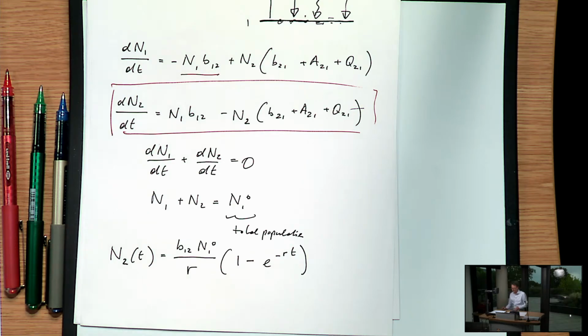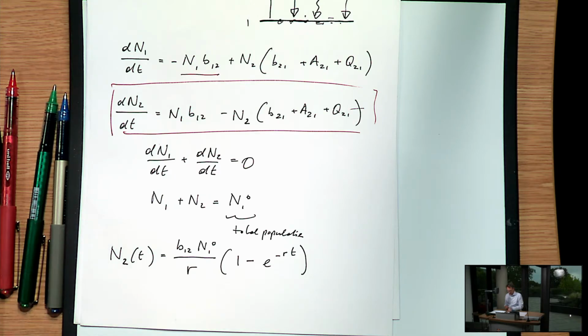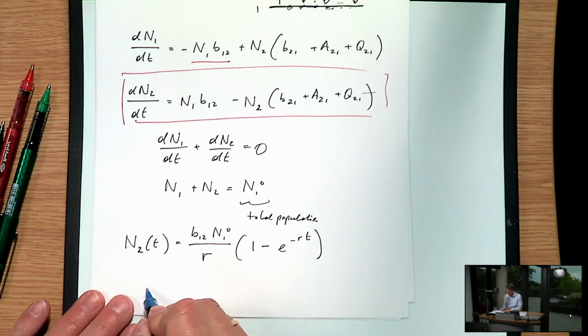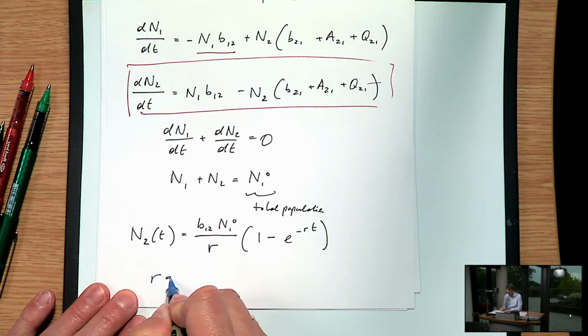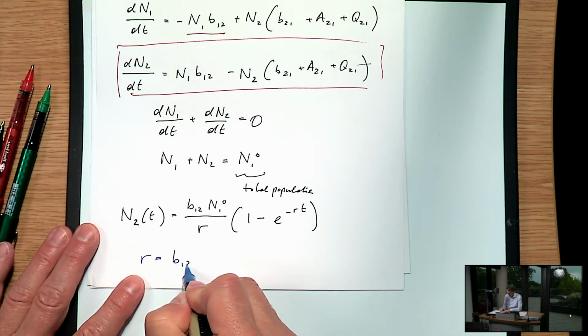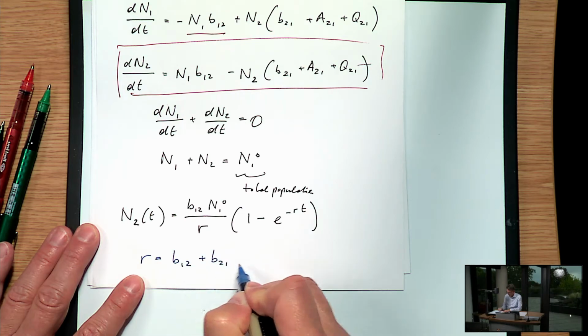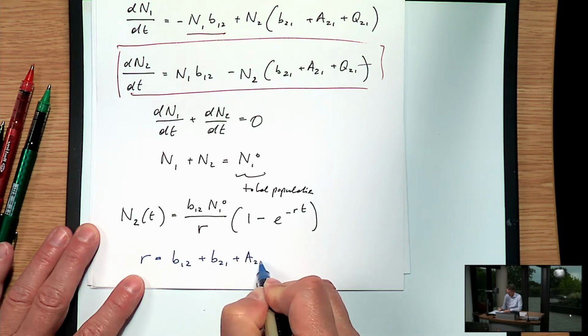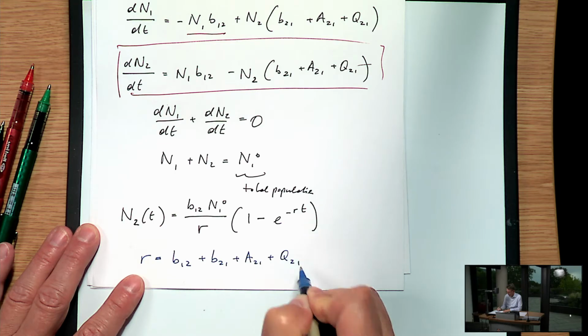And what we've done is we have written R is equal to B12 plus B21 plus A21 plus Q21.